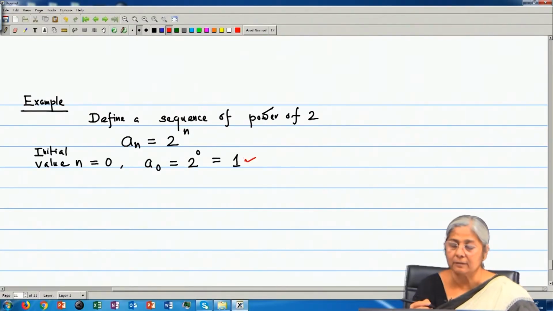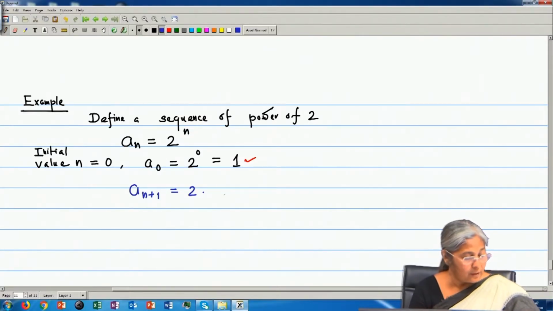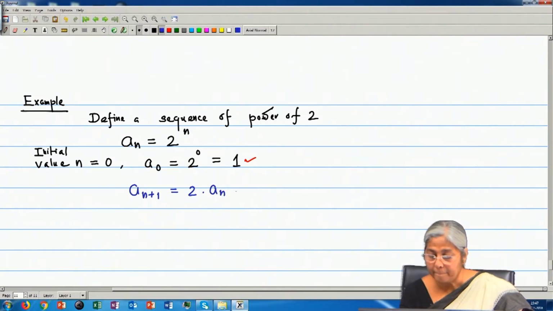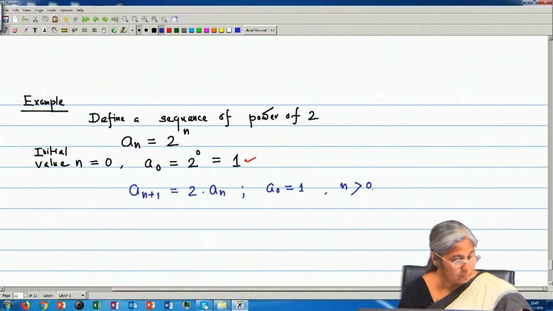If this is given, then I can write the same sequence as a_(n+1) equal to 2 a_n, where a_0 equal to 1, and this is defined for n greater than or equal to 0, that means n equal to 1, 2, 3 like that.